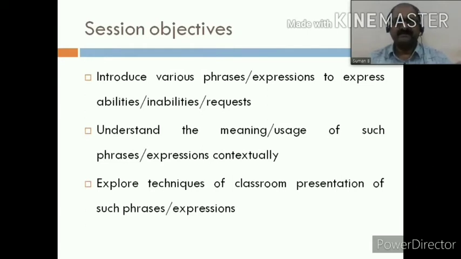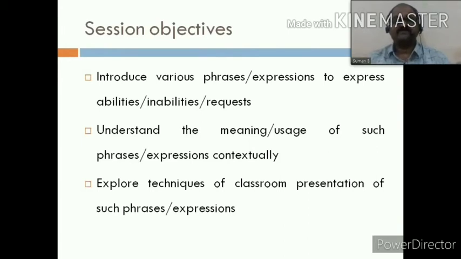And towards the end, we have special sessions by these two SRPs where we are going to explore techniques of classroom presentation. Learning these language functions is different from teaching or presenting them in the classroom to our primary children.